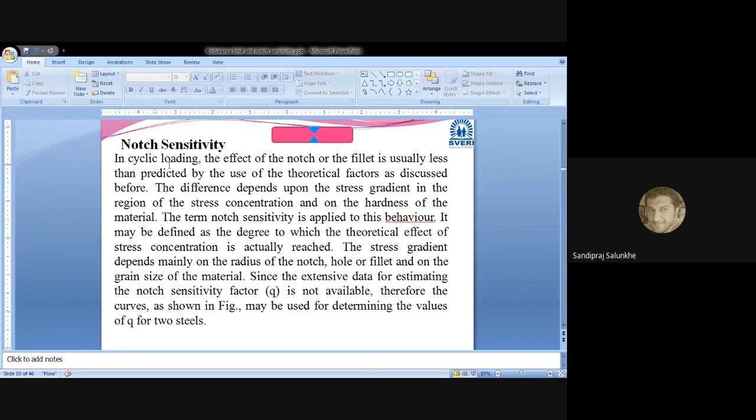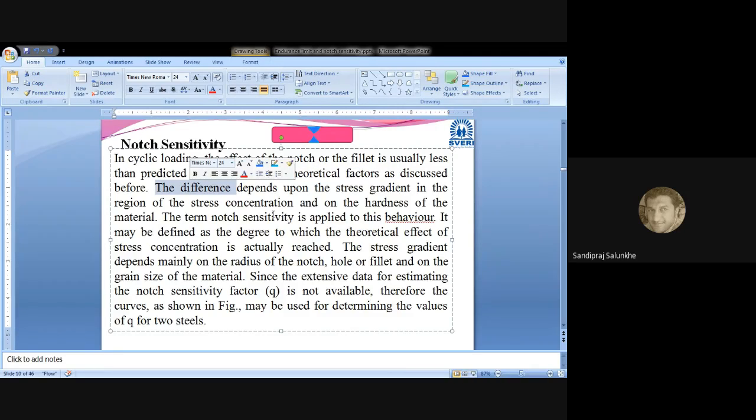In cyclic loading, the effect of a notch, that is the notch which is created here, or a fillet, is usually less than the predicted one. That is nothing but the theoretical value which we are going to calculate. That value is higher than the value we actually get as the stress concentration, or the factor which we calculate for the stress concentration.